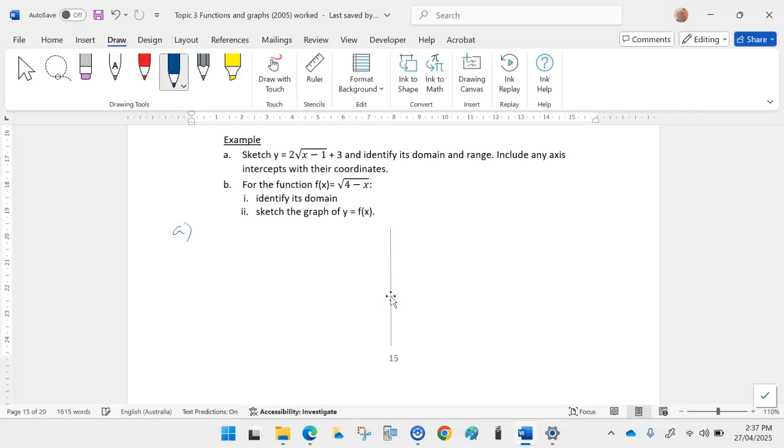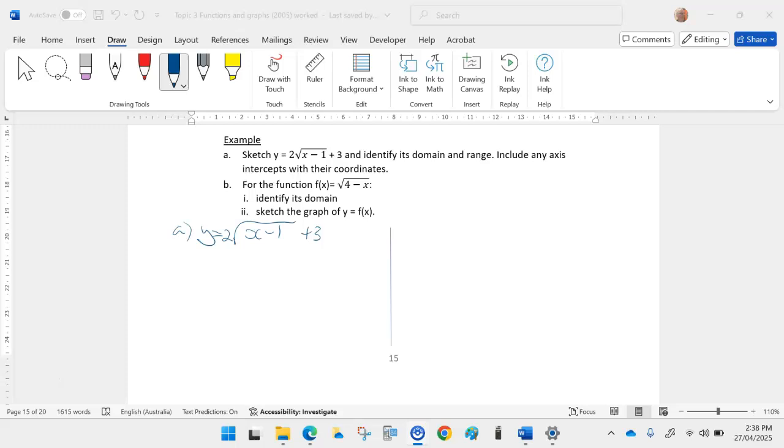Let's do part A. Sorry, I was on the wrong page for a moment. We're back. Okay, so I've got this. y is equal to 2 times the square root of x minus 1, plus 3.